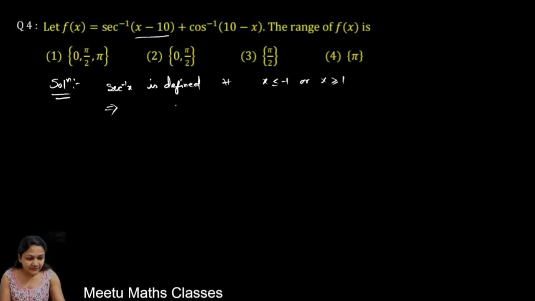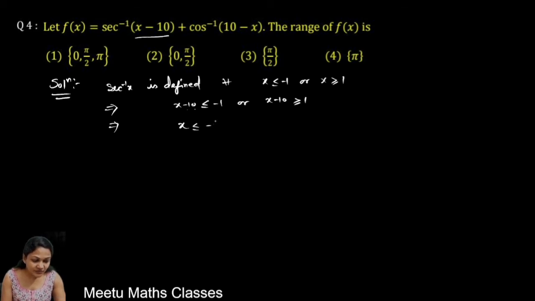So x minus 10 must be less than or equal to -1 or greater than or equal to 1. Adding 10 on the other side, x must be less than or equal to 9 or x can be greater than or equal to 11. So this is the domain of sec inverse of (x minus 10).